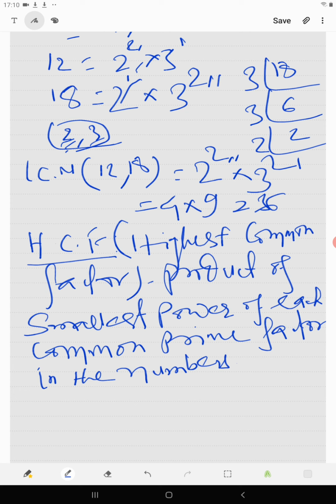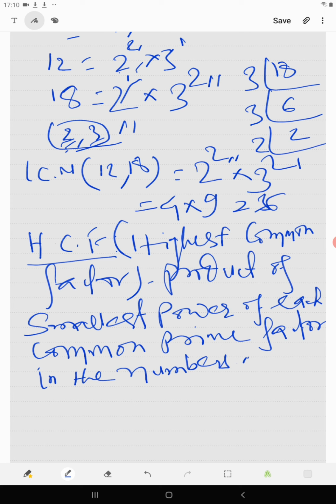So if you see the previous example, there I was selecting both primes. 12 and 18 have prime factors 2 and 3. We selected the highest power for 2 and 3. But here in HCF, it is the product of the smallest power of each common prime factor.